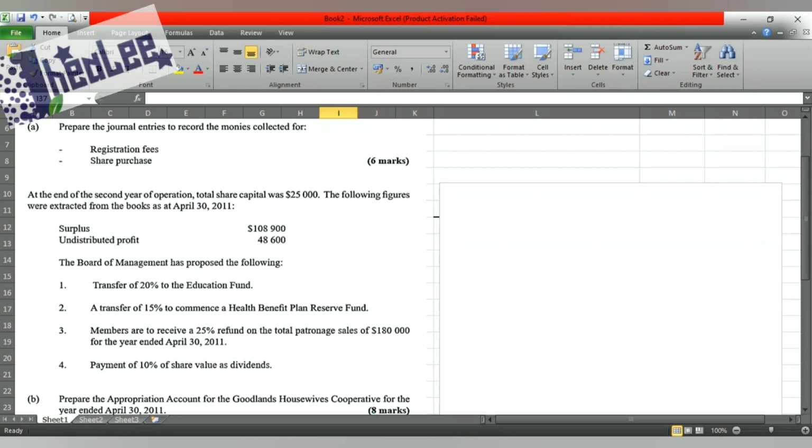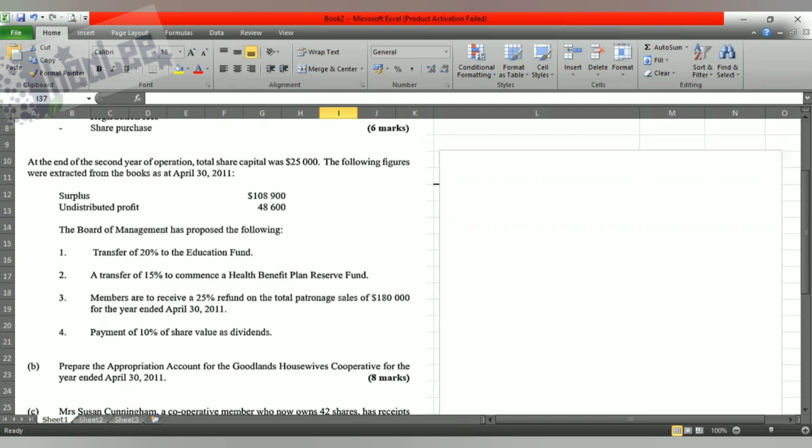You're required to prepare the appropriation account for Goodlands Housewives Cooperative for the year ended April 30th, 2011.